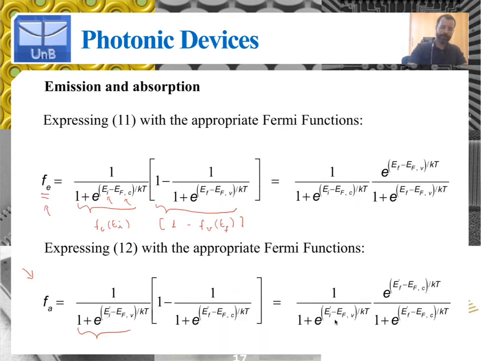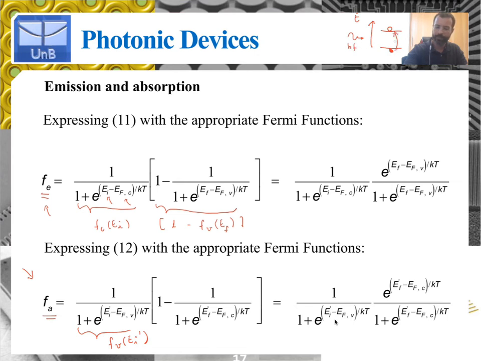So this term right here is just Fv in the valence band of EI dash, right? Because now we're talking about absorption. So this is the probability of transition that leads to absorption, and you need an electron down here and a hole up here so that the electron can absorb energy from a photon that's passing by with energy HF.